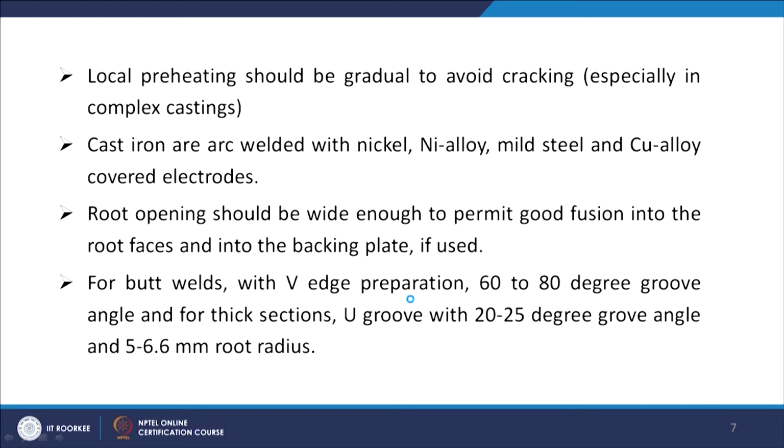For butt welds, use V edge preparation with 60 to 80 degree groove angle, and for thick sections U groove with 20 to 25 degree groove angle and 5 to 6.6 mm of root radius. So, these are basically the dimensions which should normally be followed when you weld cast iron components.